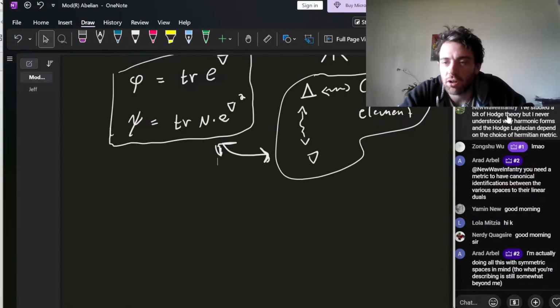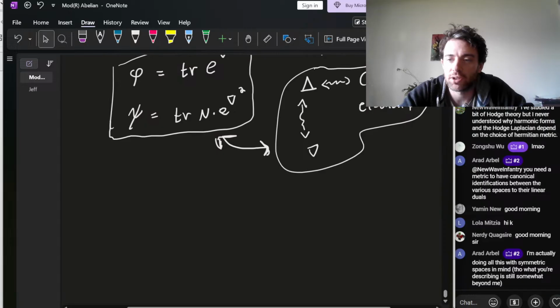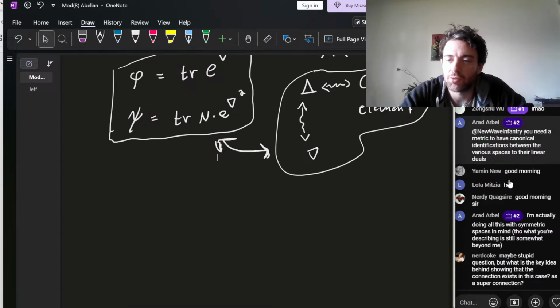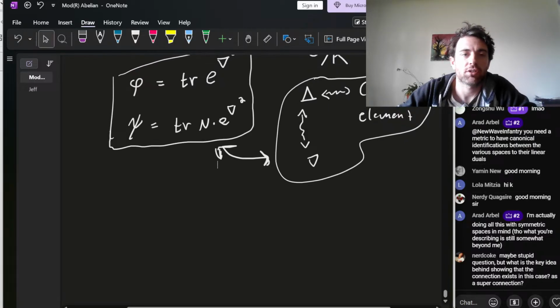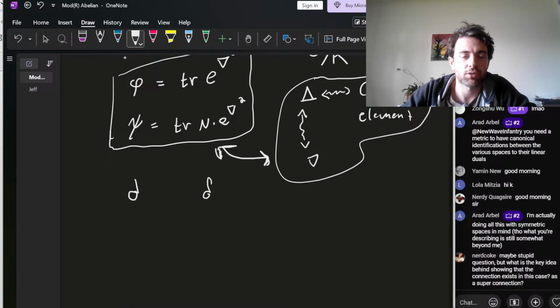You study a bit of Hodge theory, but you never understood why harmonic forms and the Hodge Laplacian depend on the choice of Hermitian metric. I mean, I think part of it is you need a metric to have canonical identifications between vector spaces and their duals. Yeah, because like we were talking about before, we have our differential and our co-differential, right?